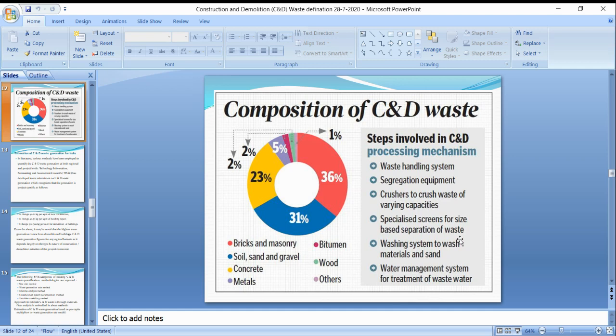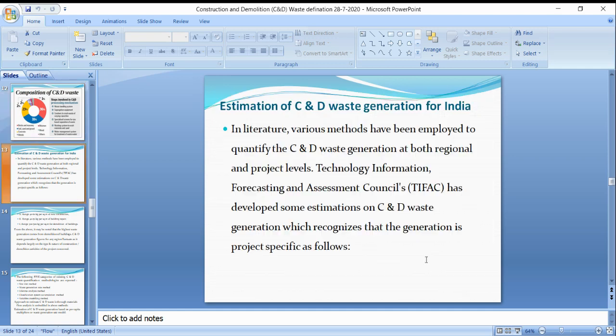Specialized screens for size based separation, so it should be segregated on the size basis, then only is reuse possible. And the materials which we are using should be washed, a brick or a stone or any steel, those materials should be washed. And water management is also required for treatment of wastewater.